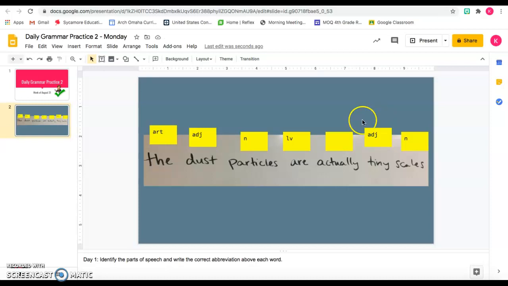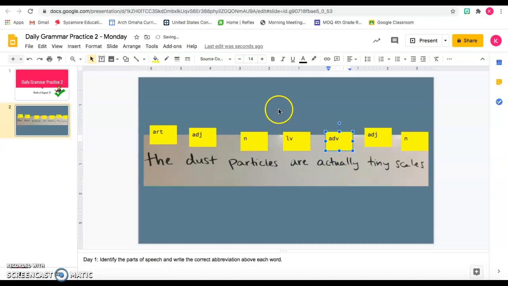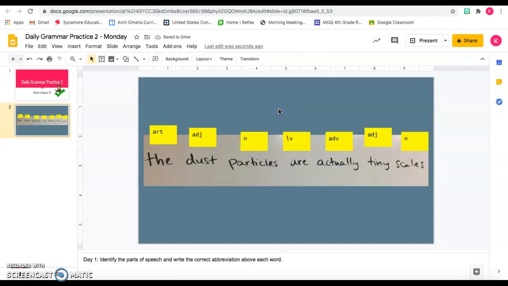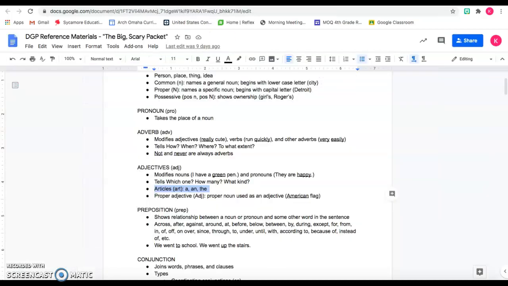Now finally we have the word actually. Actually is a fabulous word and one of my favorite parts of speech. You're probably most familiar with adverbs that end in ly. This is one of those instances where an adverb ends in ly. So actually is an adverb, we're going to write ADV. However, not all adverbs end in ly.